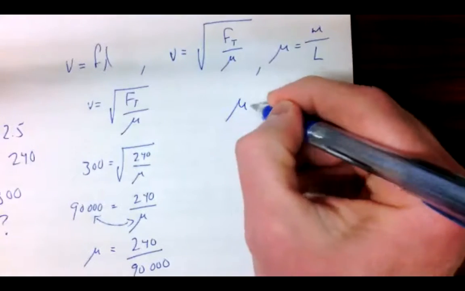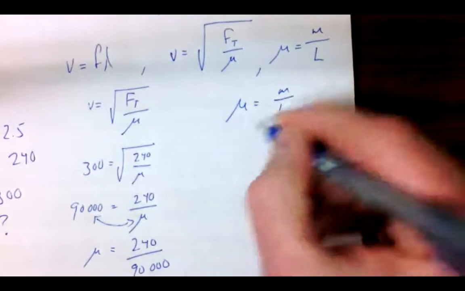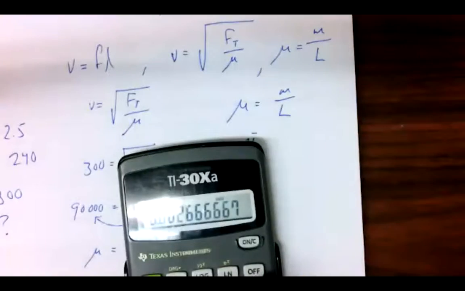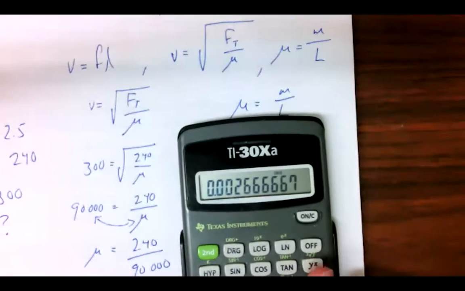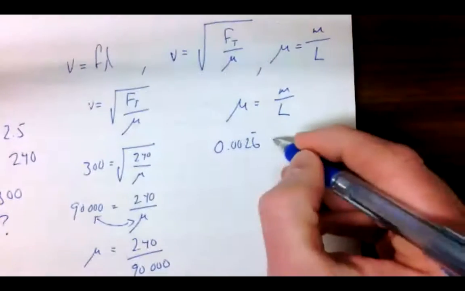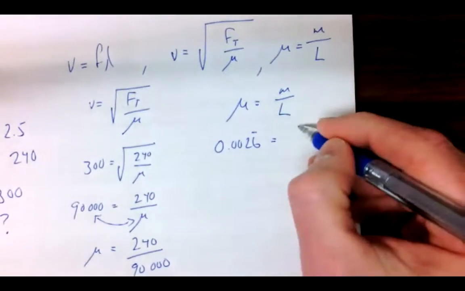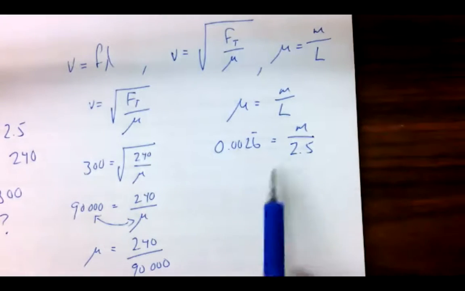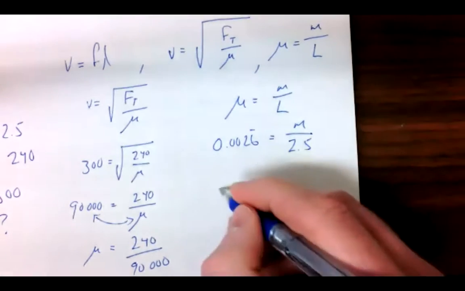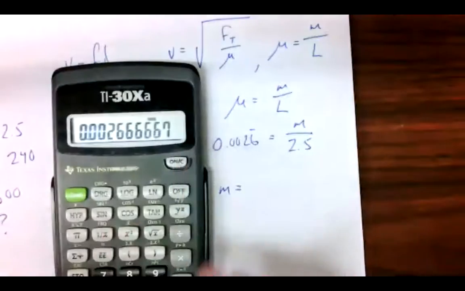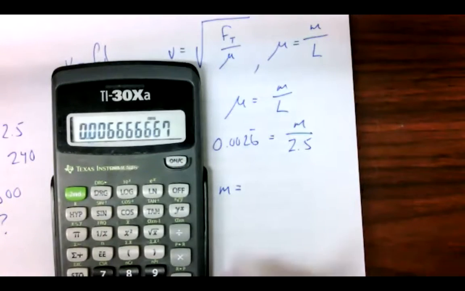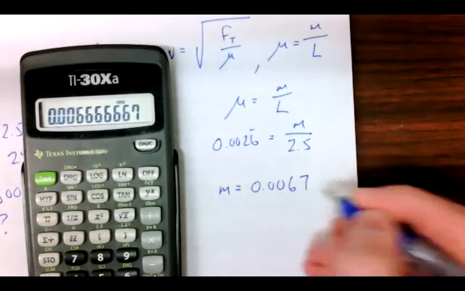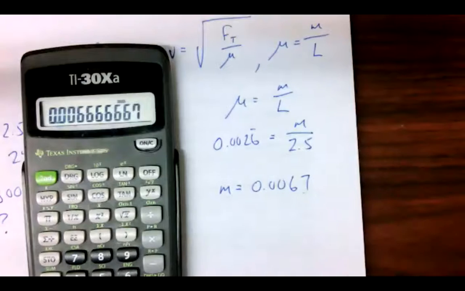So now we're going to use this formula. Mu equals m over L. Mu is 0.0026. And the nice thing is if you leave that in the calculator, you don't have to retype it out. You can just use that to be part of your next question. Equals m, we don't have m, over L, which is 2.5. Multiply both sides by 2.5, and that's going to give us our m. M equals, so the mass, this times 2.5, 0.0067, and I'm rounding it there because we need 2 sig figs.